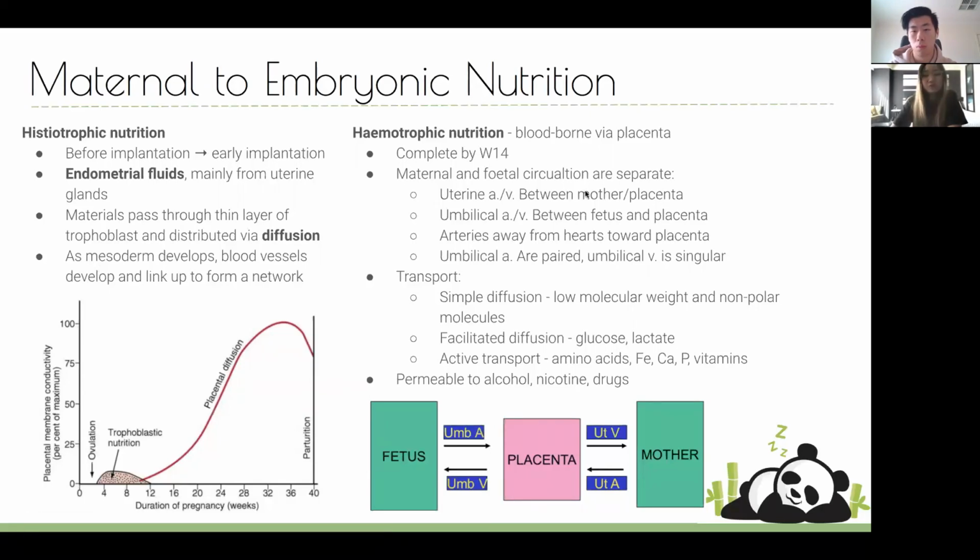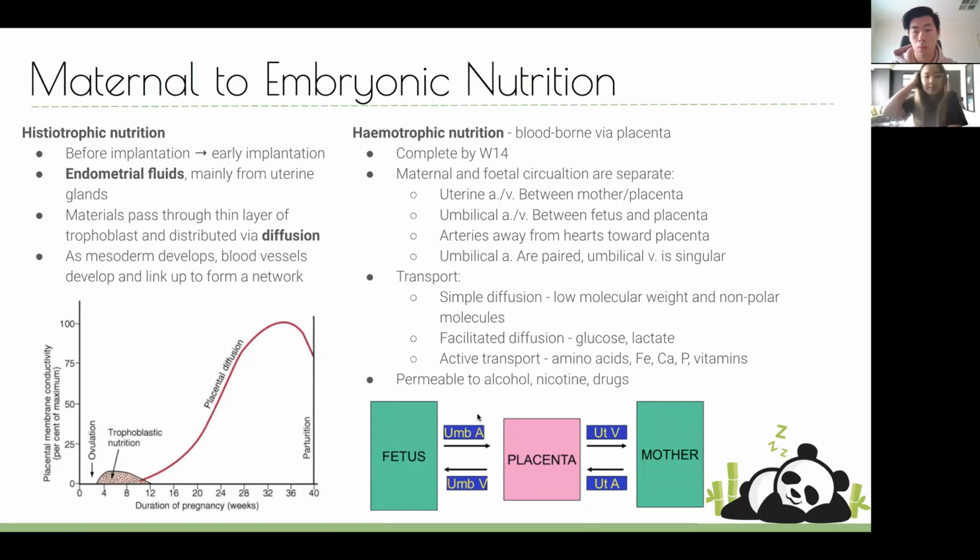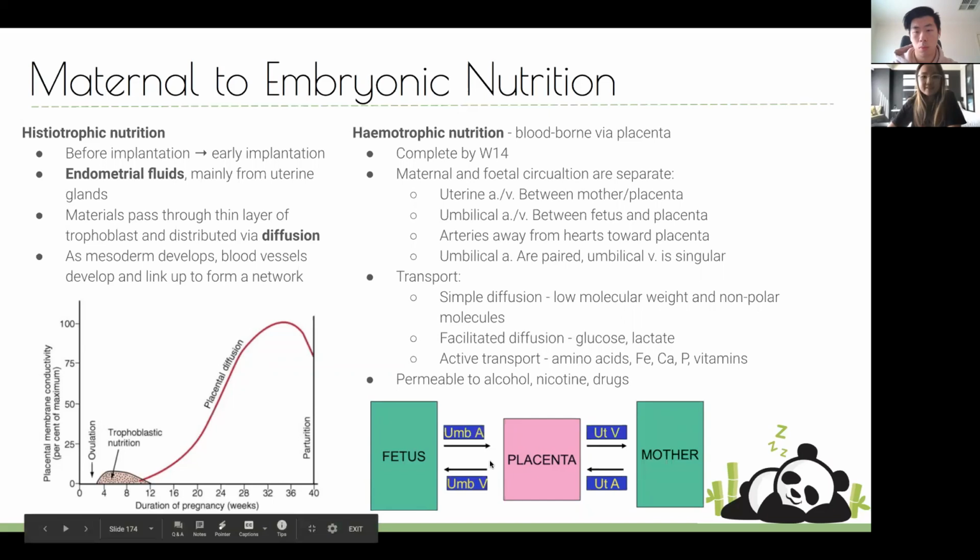You can also see that during the entire time, the maternal and fetal circulation is separate because it's separated by the placenta. You have your umbilical artery and vein and your uterine artery and vein. I remember that the umbilical artery and vein is between the fetus and the placenta, whereas the uterine is between the placenta and the mother.